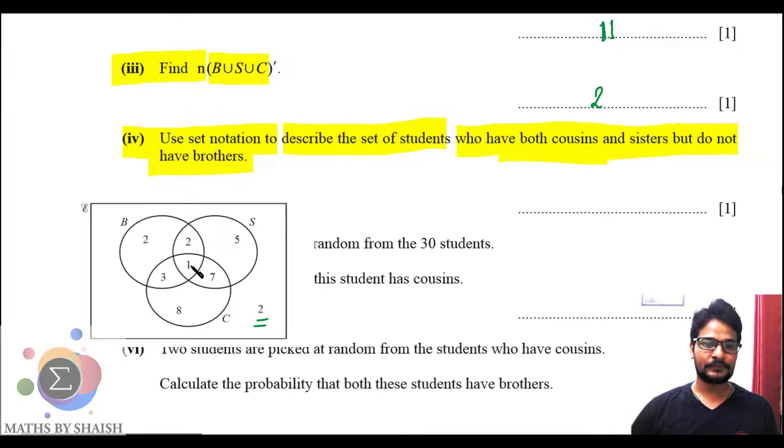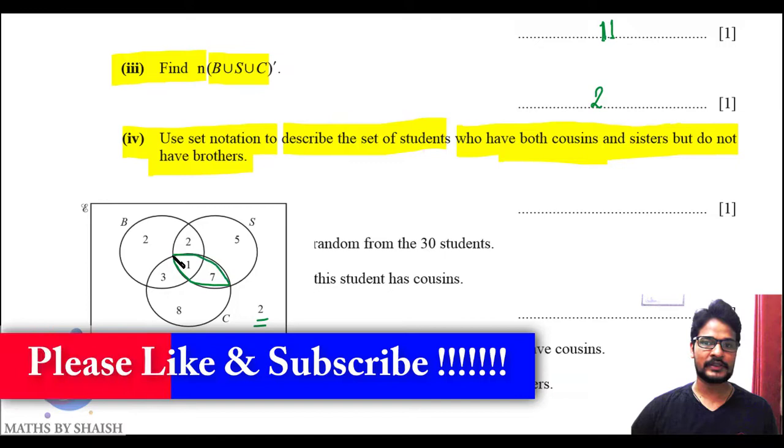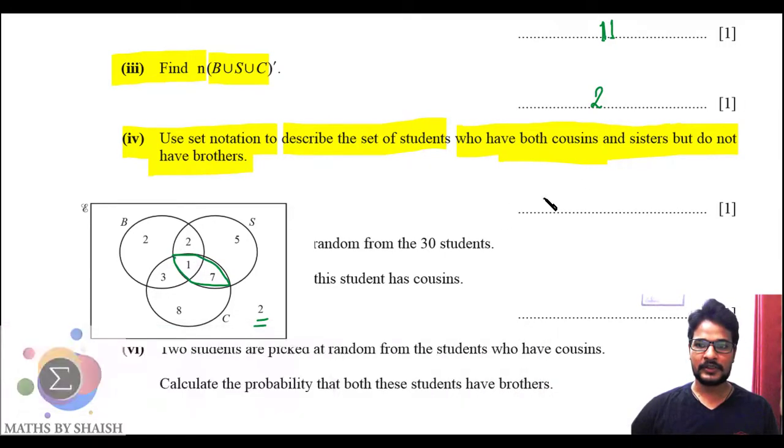Both means this region comes in the intersection, but it means it is going to be C union S first. Oh sorry, not union, intersection, because it's the common region, C intersection with S.